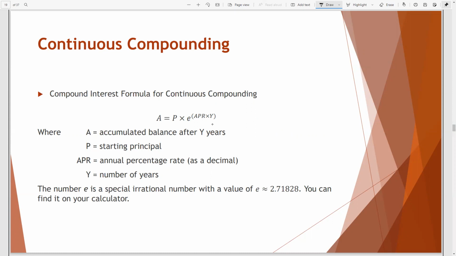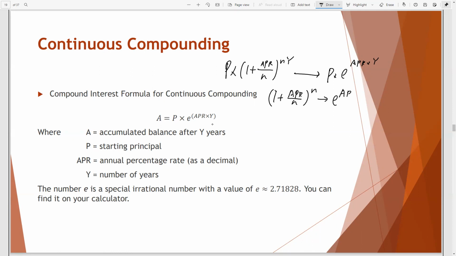In other words, we have the compound 1 plus APR over n, to the ny, which yields to e to the APR times y. Which means 1 plus APR over n to the power n yields to e to the power APR.